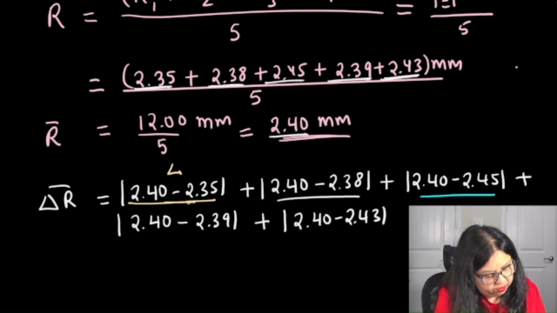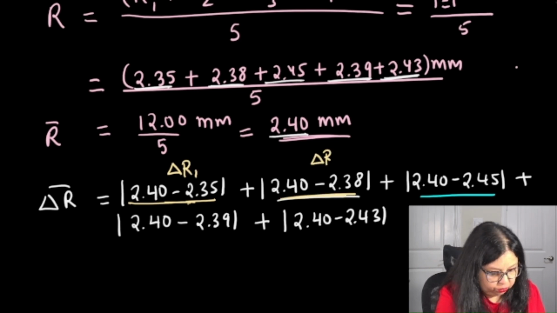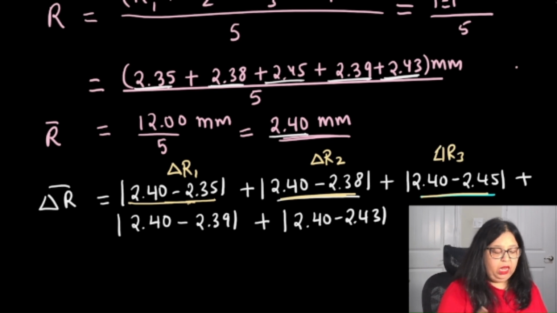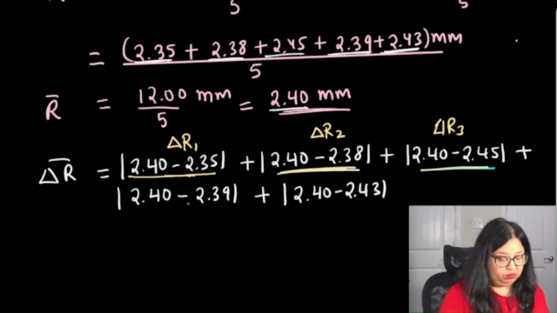So the first term here is delta R1, second term is delta R2, third term is delta R3, and so on. And it is implied that these deltas, these are absolute values.